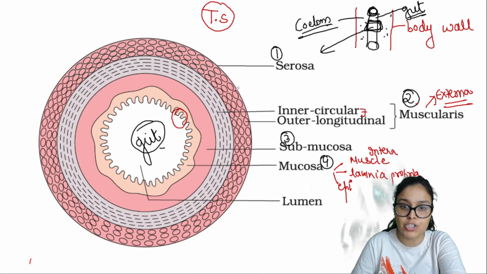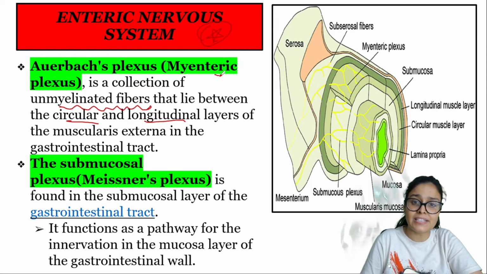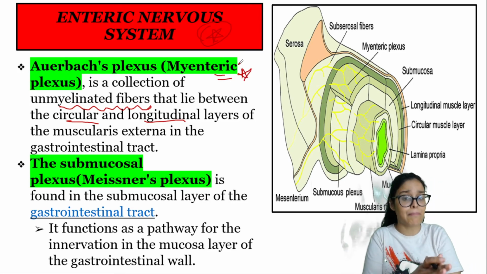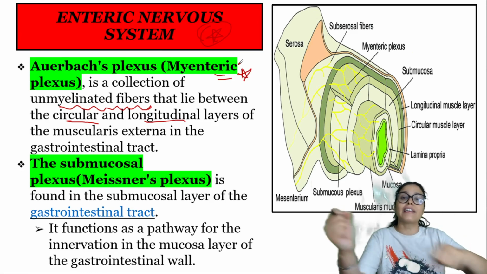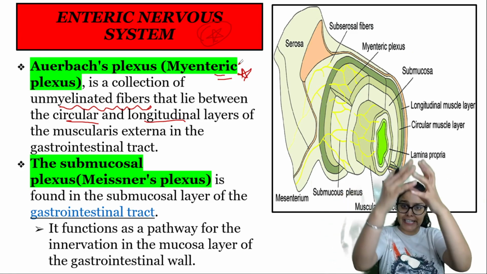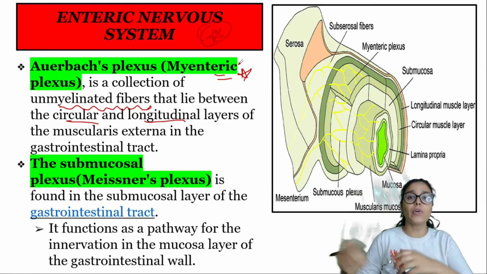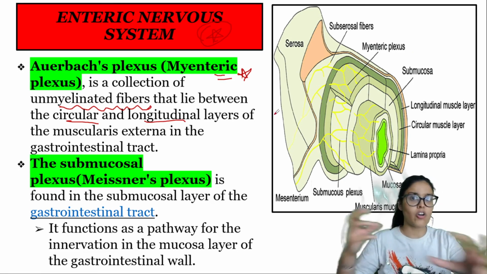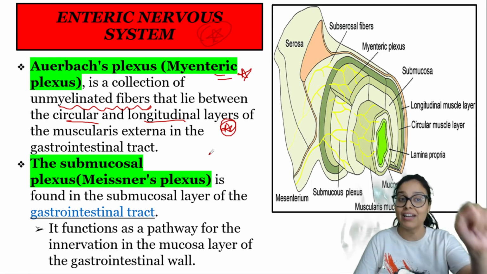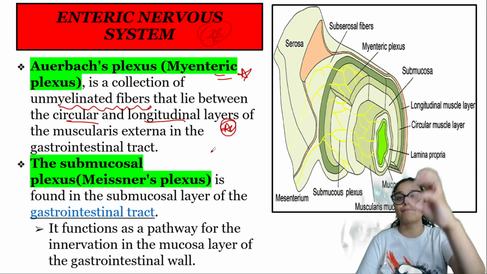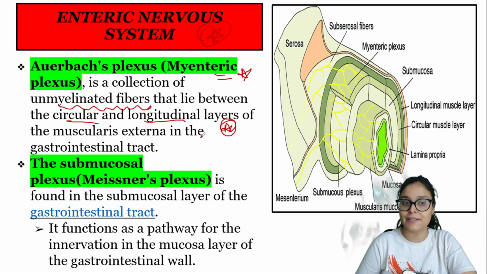Where are the circular and longitudinal muscle? It will be present between these two, somewhere here. And what is its purpose? Since it is present near the muscles, it will trigger the muscle to move for churning and peristaltic movement, so that food will go along the alimentary canal. Churning of the food happens because of this plexus, because this nerve bundle is there.